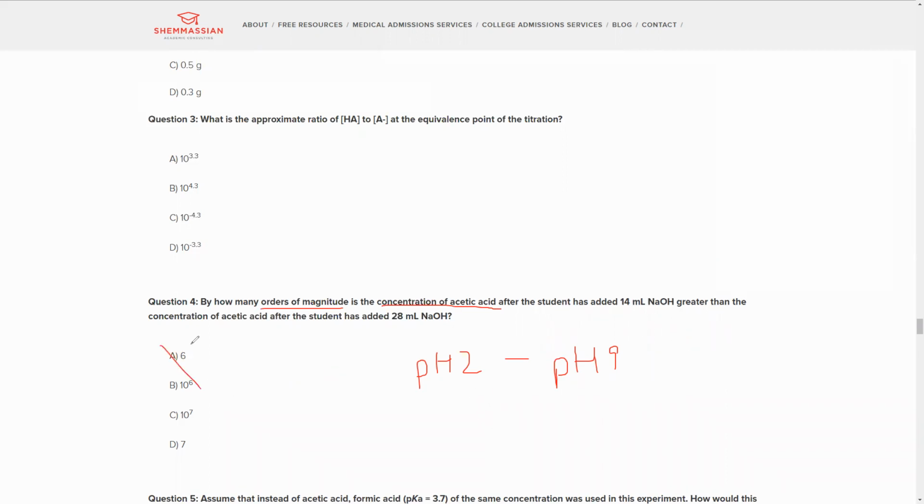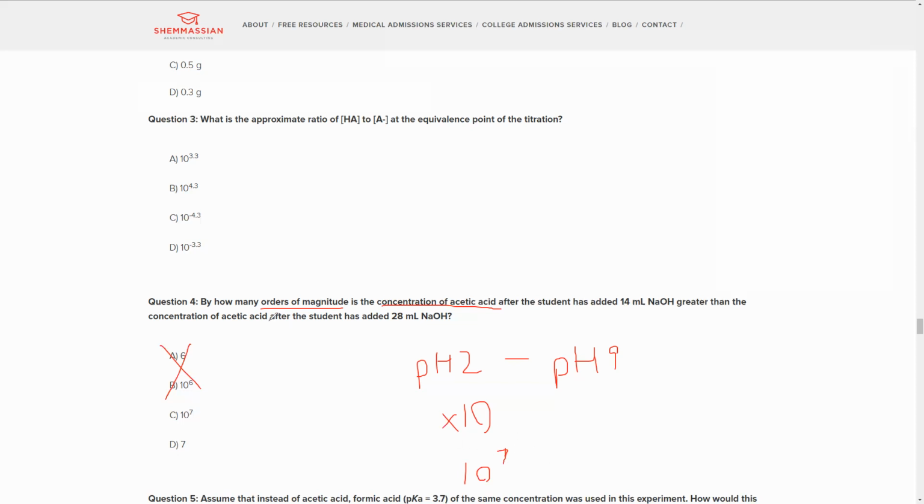So right away, we're not dealing with A or B. It's either 10 to the 7 or 7, and that's a safe assumption to make. Now, if they're asking about protons, in terms of concentration of protons, the difference between each pH is times 10, or 10 to the 1, between each pH. So the difference between pH 2 and pH 9 is going to be 10 to the 7.